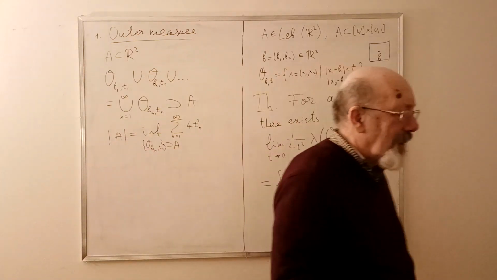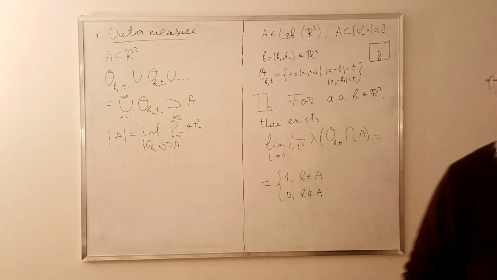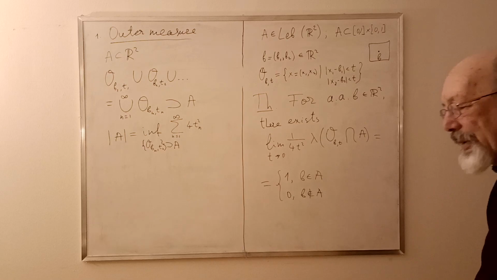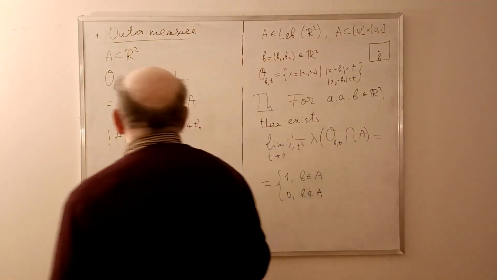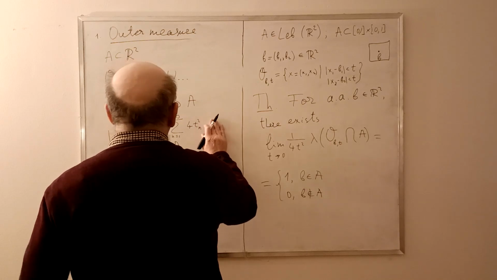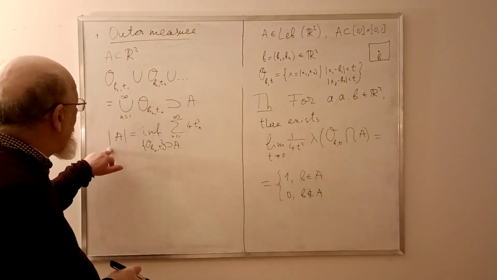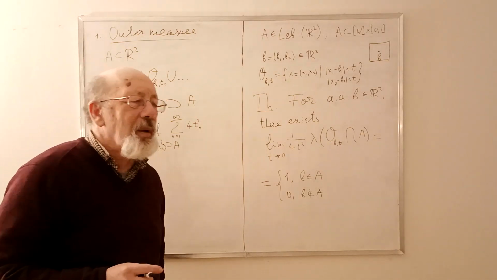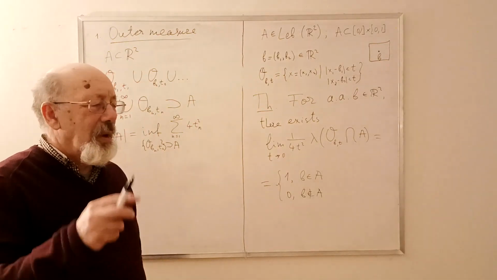Now, this is a more direct definition of the measure, and we can define it as outer measure. So what is the difference between this notation, outer measure, and the notation lambda?